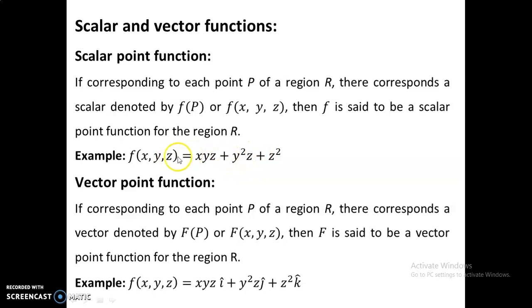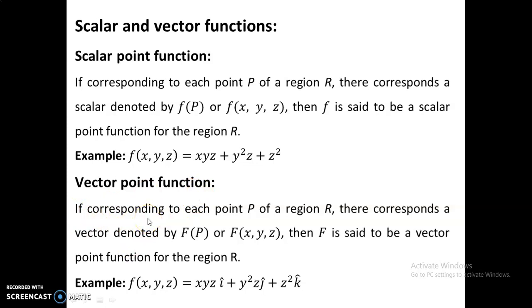So if you take any point in the region R, it corresponds to a scalar function f of x comma y comma z in terms of x, y, z. Next we shall see the vector point function.